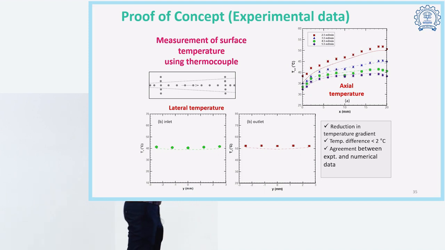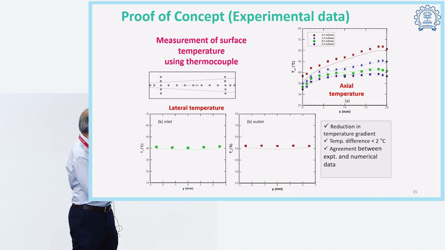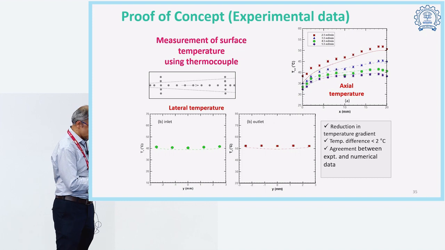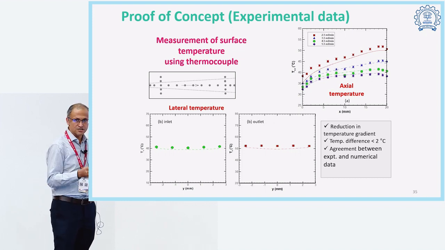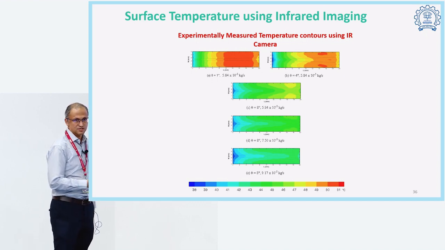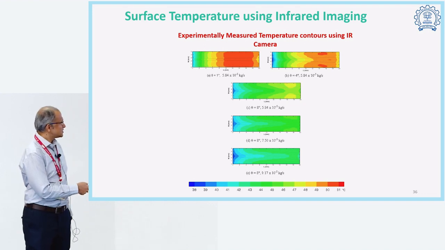What is interesting is that we had 25 micron size beads, thermocouples, mounted on the outer wall of the microchannel, and we measured all these temperatures. What we were surprised to see is a very constant temperature when you go for optimal conditions, which should become even more clear when you see these temperature contour images taken from the infrared camera, the IR camera.